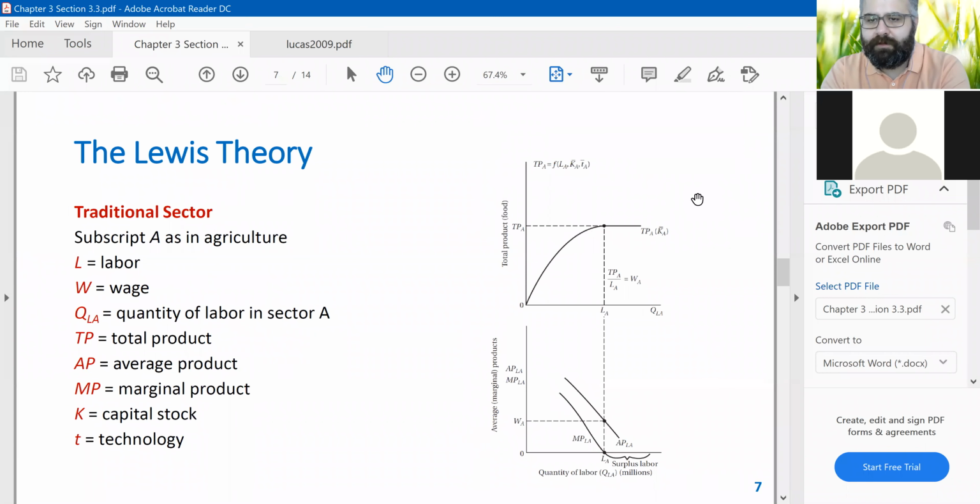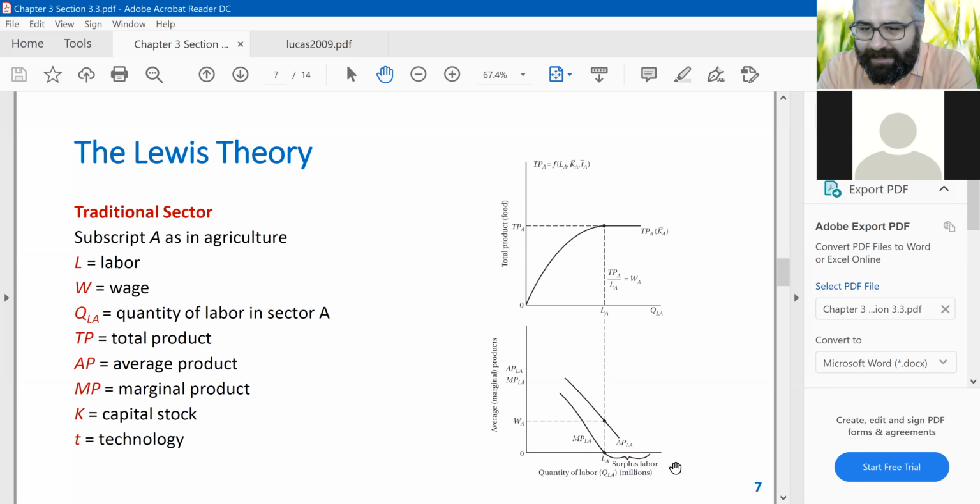So that's what happens in the agricultural sector, and of course, labor quantities larger than LA correspond to surplus labor. Up to LA, firms are happy because marginal product is positive and production is increasing.